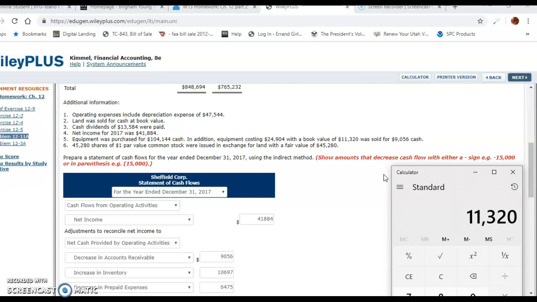Number 6, 45,280 shares of $1 par value common stock was issued in exchange for land with a fair value of $45,280. It says prepare a statement of cash flows for the year ending December 31st, 2017 using the indirect method.